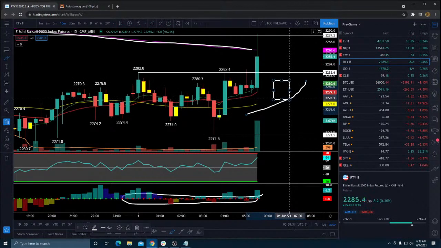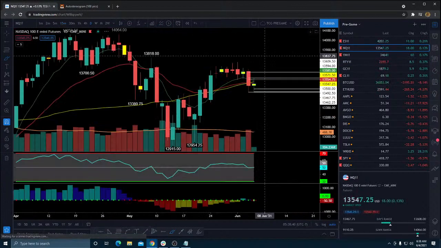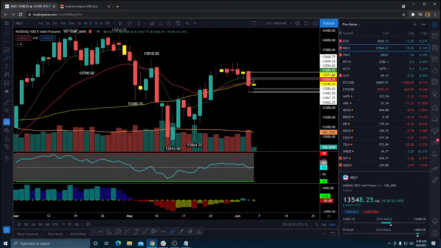We want the body of the candle to be above that key moving average, in this case, the Nasdaq daily 50 MA. The 50 MA right now is at 1357150, and I'm quoting that as right now because of course it moves up or down with price, but we need a candle close above. We need the body of the candle to clear it.